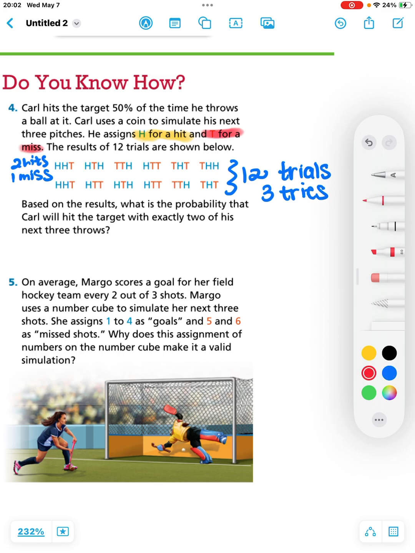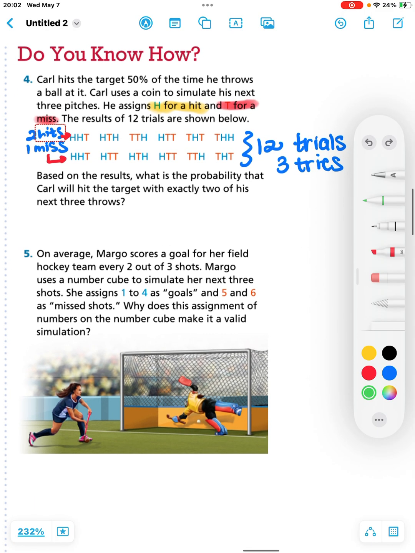The one below it looks like the same exact thing. It's 2 hits, 1 miss. Whereas, let's look at another one. Let's just look at this one here. This one looks like it's 1 hit and 2 misses. So that's what each of those things mean.